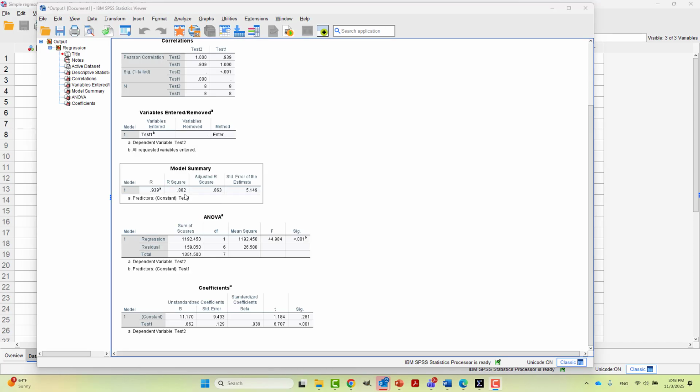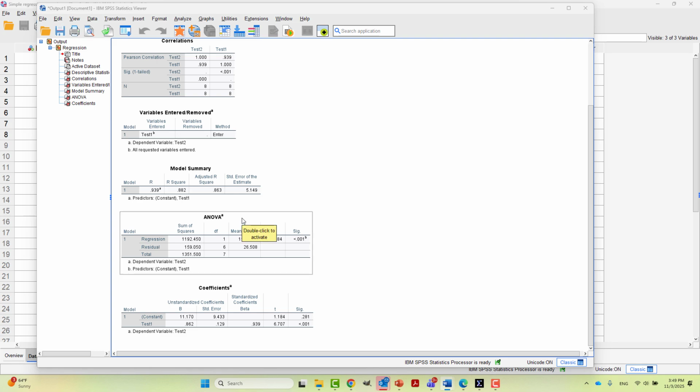Based on the output, the coefficient of determination R squared is 0.882, meaning that about 88.2% of the variance in test 2 scores can be attributed to the variation in test 1 scores. Based on the ANOVA table, this is statistically significant at p less than 0.001 level.